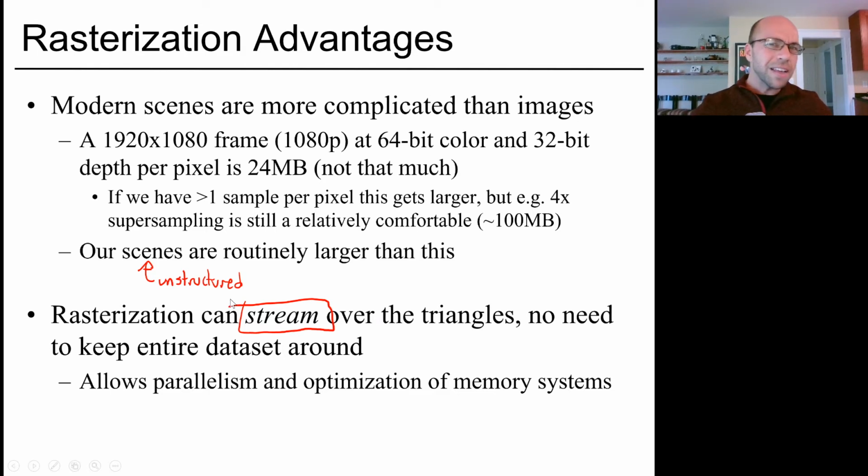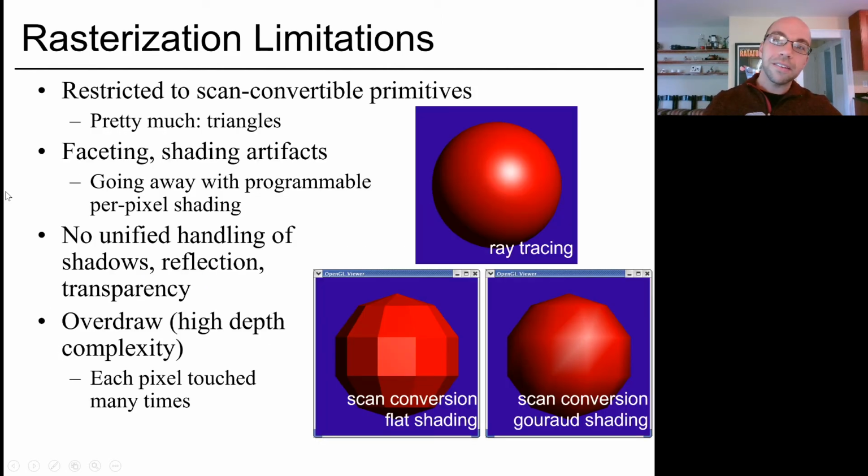So these are the big advantages of rasterization. It's a fixed amount of memory that only scales with the size of the image you want to produce rather than the complexity of the scene. And you can stream over the triangles, essentially allowing for that high complexity of a scene without adding to the space that you need.